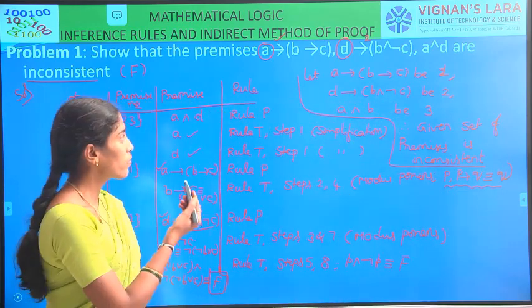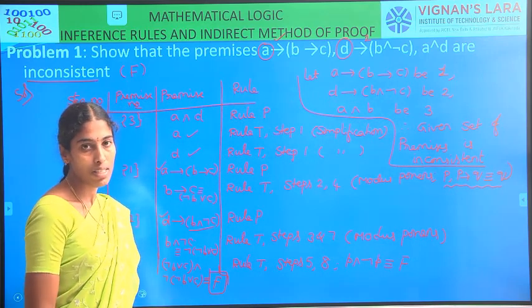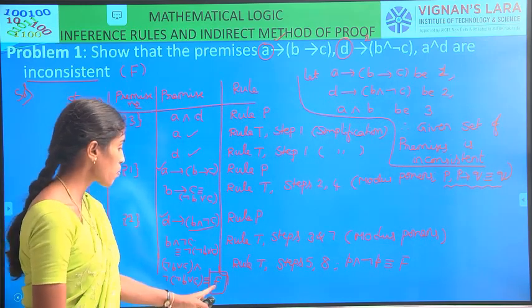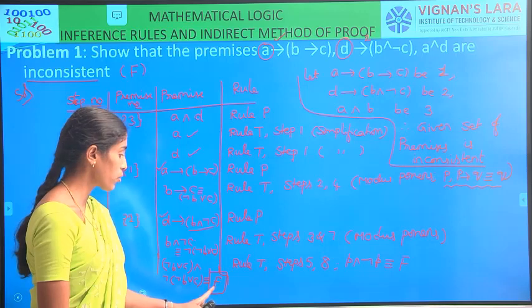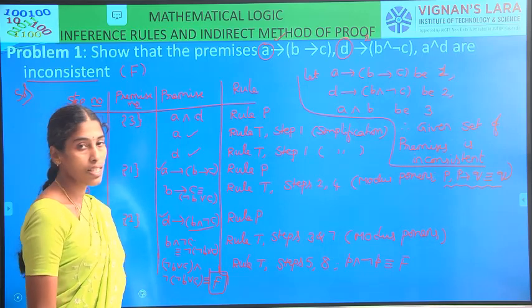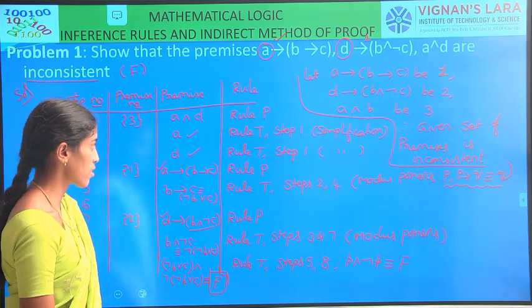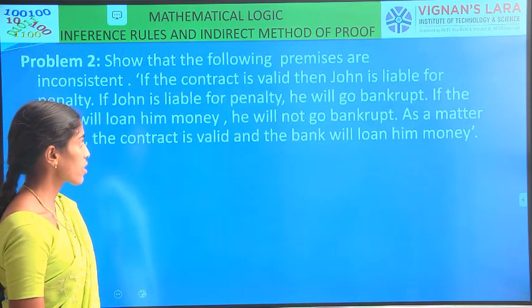Right? So like that we are proving the given set of premises is inconsistent. Suppose if we get T, true, here, then we say that the given set of premises is consistent. Next we see the next sum.